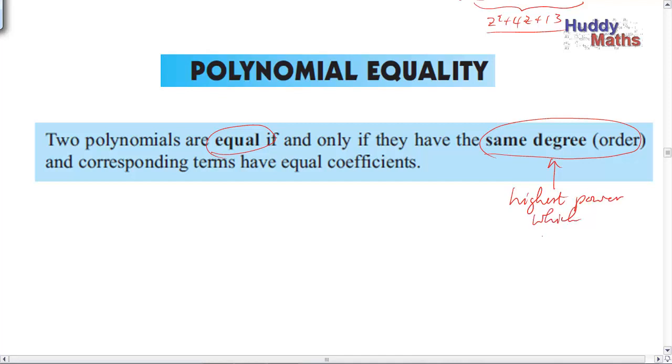So if we're trying to find if two polynomials are equal, you must actually have the same set of powers. The highest power must be the same, and all the corresponding terms must have equal coefficients. So each term has to match up with an equal term from the other polynomial.